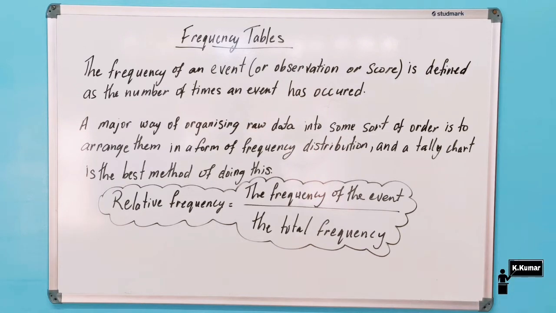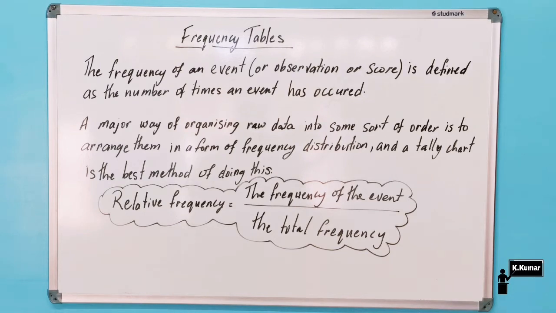Now remember, frequency is the number of times an event has occurred. Let's say you have a set of data and you're looking at tossing a die. A die carries numbers from 1 to 6, and let's say you rolled a 6 eight times out of 10 rolls.